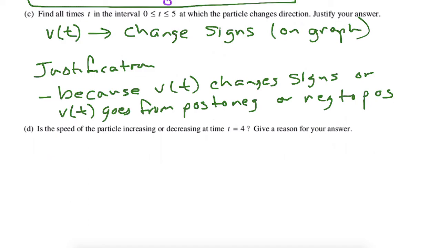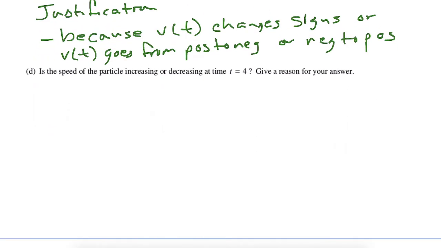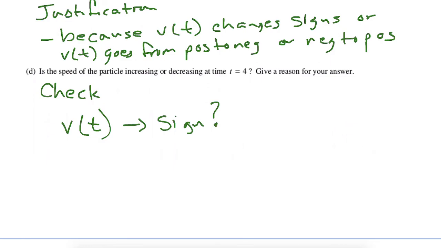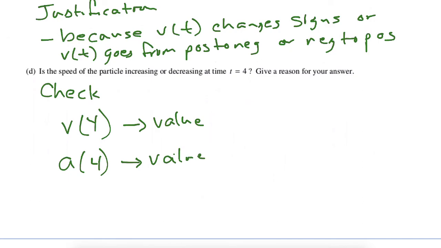If you're trying to figure out whether the speed of the particle is increasing or decreasing at t equals 4, here's what you would want to do. You would need to check: what is the sign of v of 4, and, whoops, I should have written a 4 here, what is the sign of a of 4? Really, what is the value, and then what is the sign? I want to know the value of this one and the value of this one.